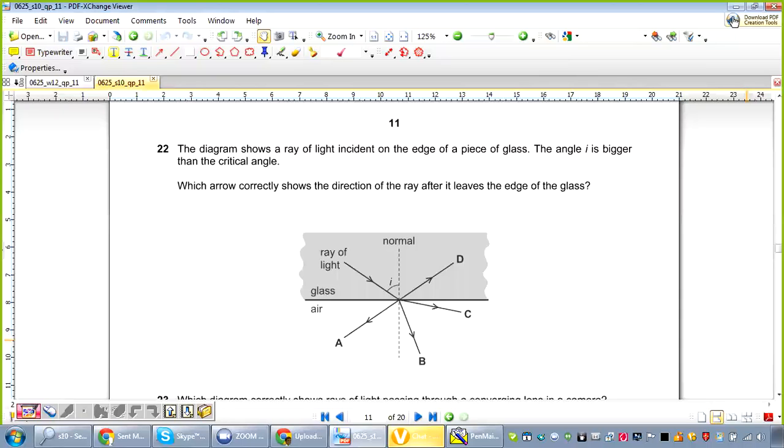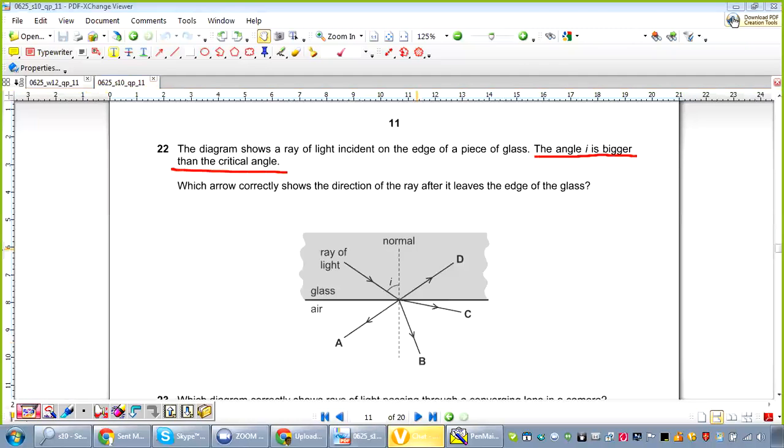Edge of the glass. So B. That's wrong. You didn't read this part. Correct.